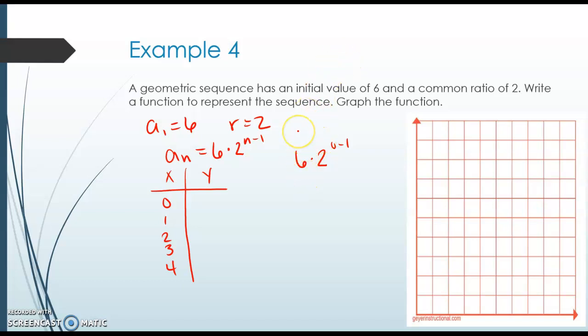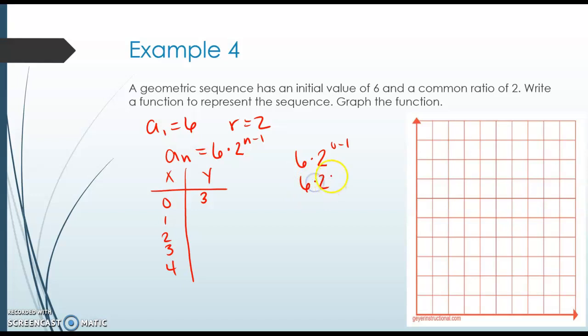And I don't think I'm going to like the answer to this. So I've got 2 to the negative 1 power, which is 0.5. And then I'm going to take that times 6. So 0, 3.